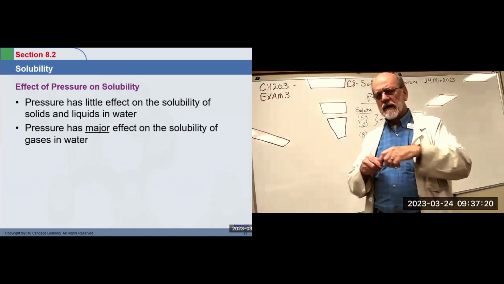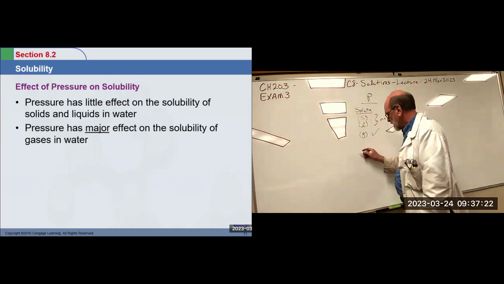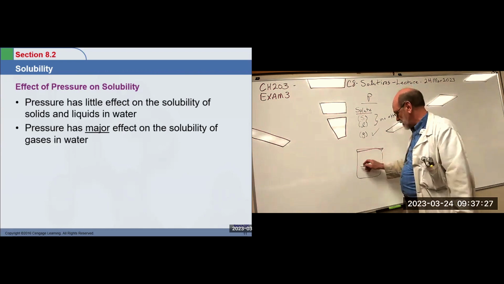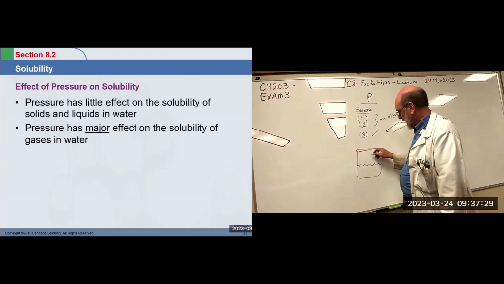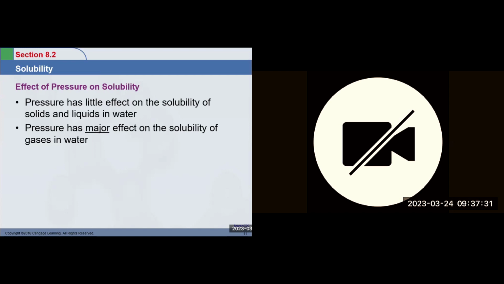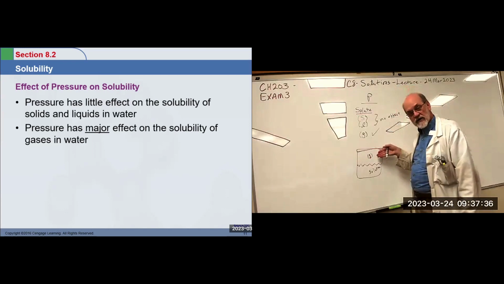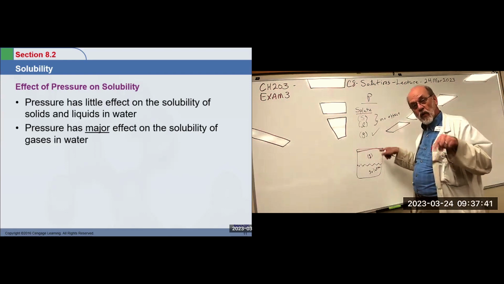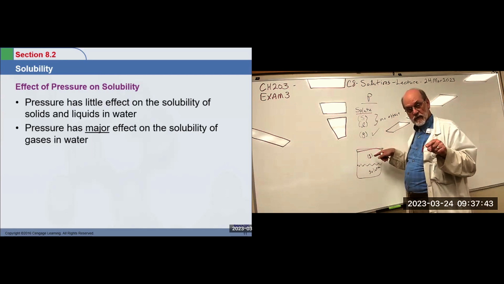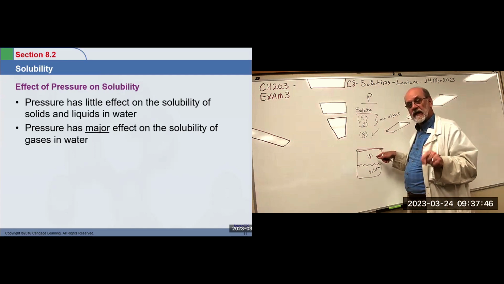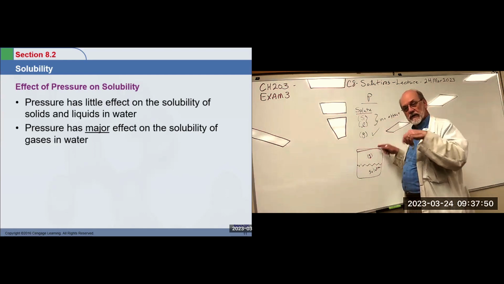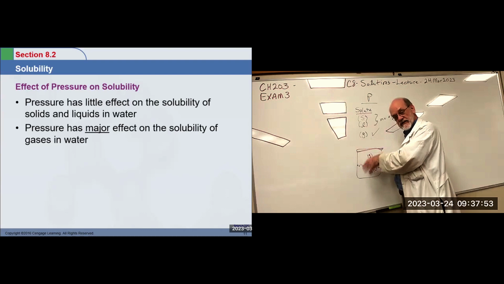So if you have the solution confined in a sealed container, then the gas is up here and the solution is down here. If you increase the pressure up here by adding more gas molecules, more moles of gas, then you will get an increase in solubility, an increase of the gas dissolved in the solution.